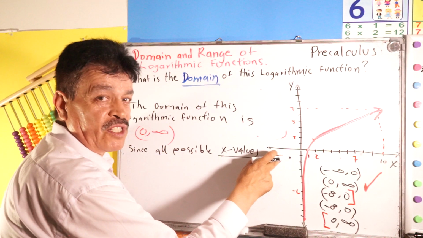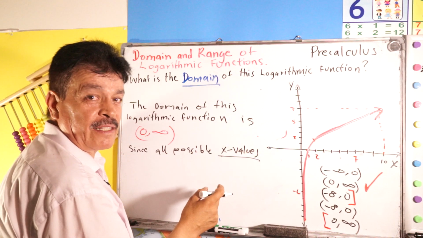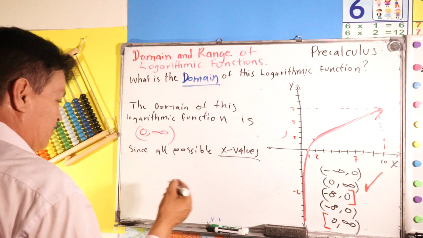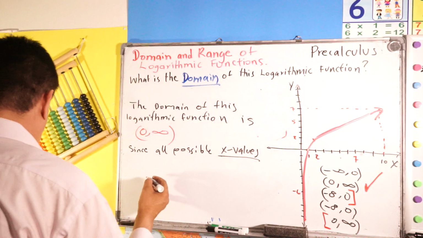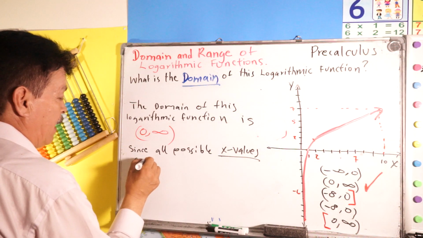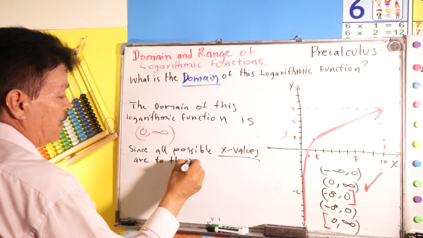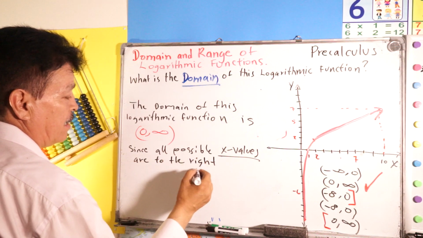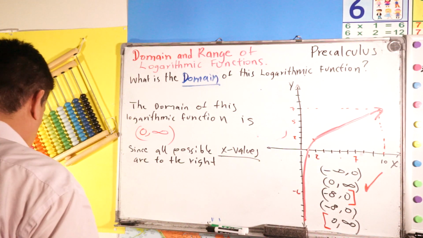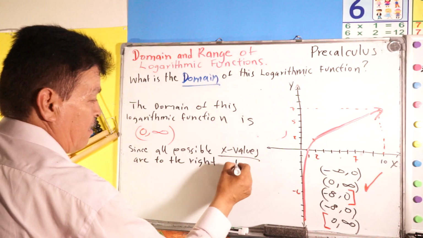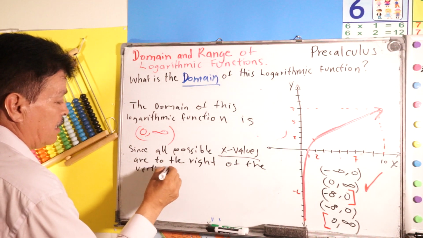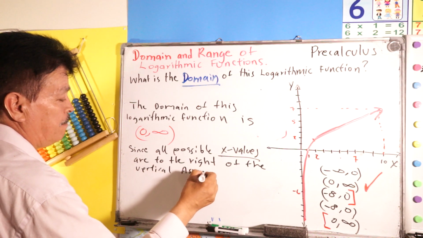We don't see negative values in x. All values are positive. So since all possible values are to the right, see, I told you, to the right of the vertical asymptote.